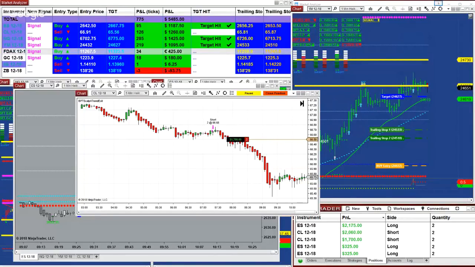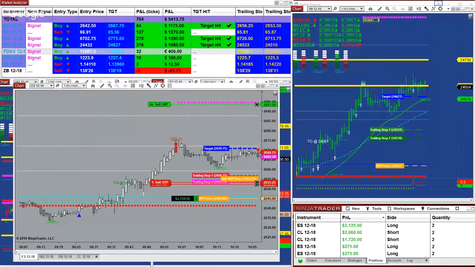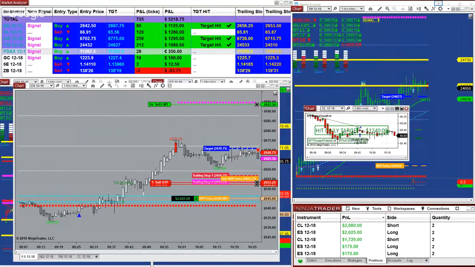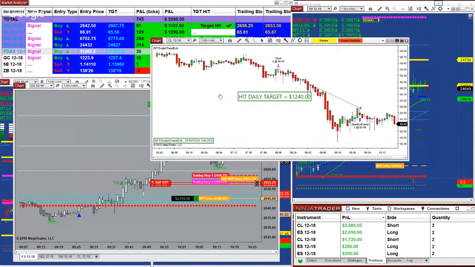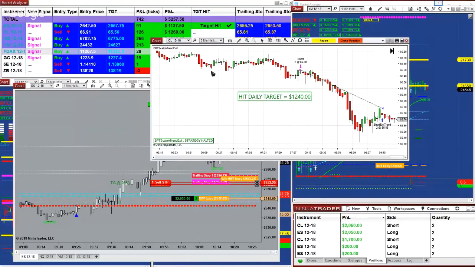The 3 minutes already hit the target. Most of them hit the target for today. I will share that with you. The 3 minutes filtered. This one is unfiltered. It also took the same at 7:57.